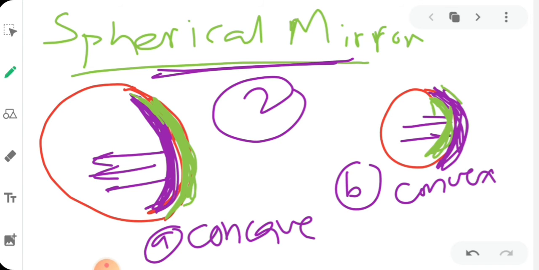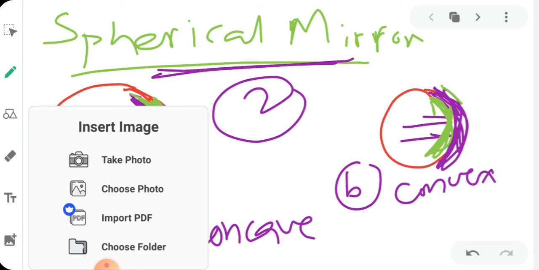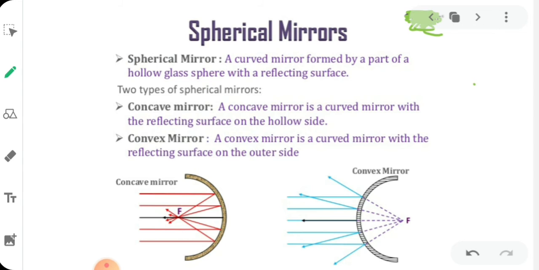Now let us see with the help of the graphic too. Whatever we have talked about, I am giving here in the presentation itself. See over here, what is a spherical mirror? A curved mirror formed by part of a hollow glass. There is a hollow glass surface, and with the help of that we are making a curved mirror, and that has a reflecting surface of its own.